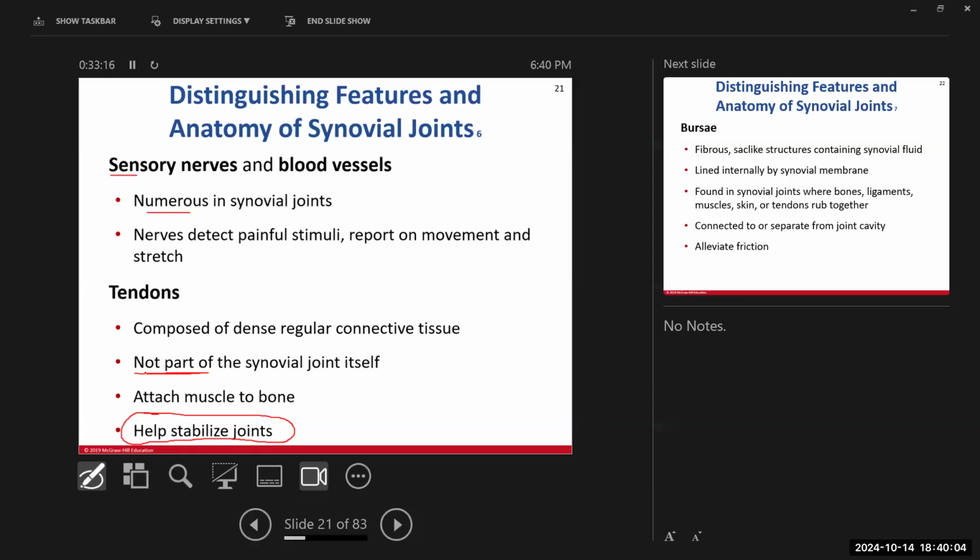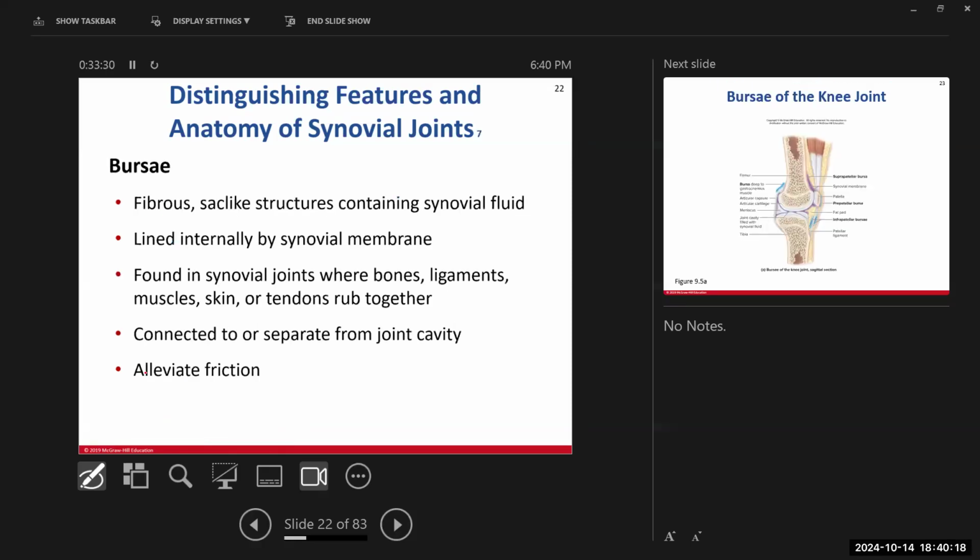So is anyone familiar with bursitis? Has anyone heard of bursitis? Most of you shouldn't be familiar with it because you're not old enough, right? Normally we see bursitis in older patients. So what is bursitis? Bursitis is an inflammation of our bursa sacs. Bursa sacs are just that: sacs that have a fibrous outer material on the outside, filled with synovial fluid.